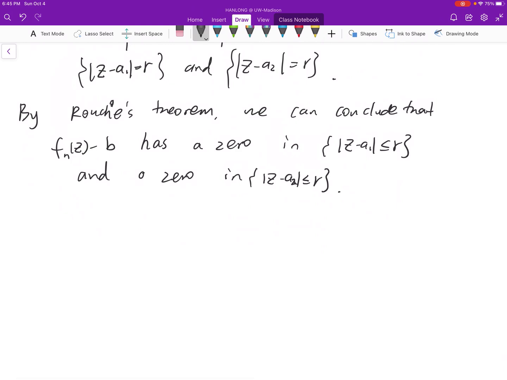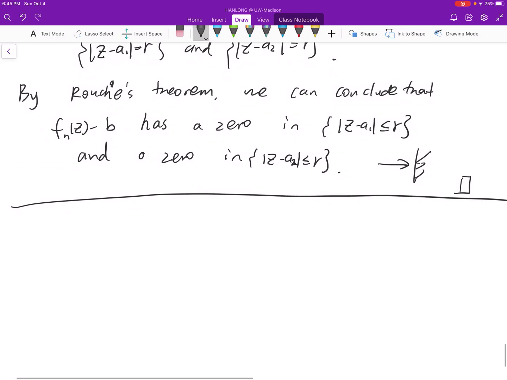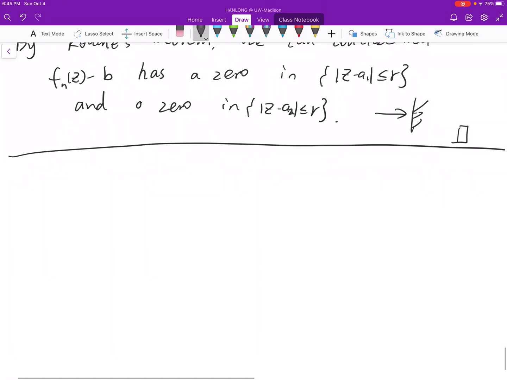So which is a contradiction. So we are done. So that contradicts our assumption that fn is univalent, having two points with f(a1) equals f(a2) equals b. So the opposite: f is a univalent function.